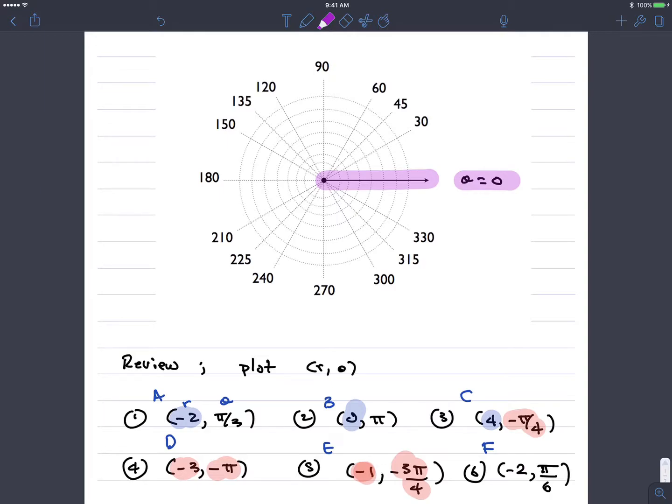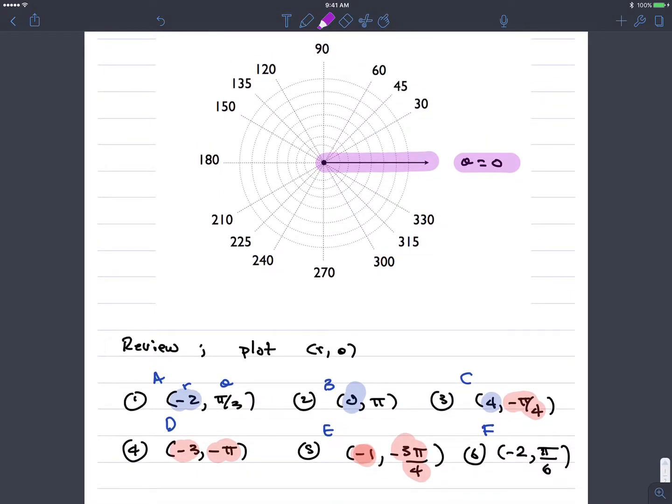Let's rotate this polar axis. What angle do we rotate it now? Pi over 6? Where's pi over 6? 30 degrees right here? Okay. So let's say every value here is positive on this axis. Is that right? The negative radius values are opposite. So if I have a radius here now of negative 2, it's going to be opposite. It's going to be on the other side over here.